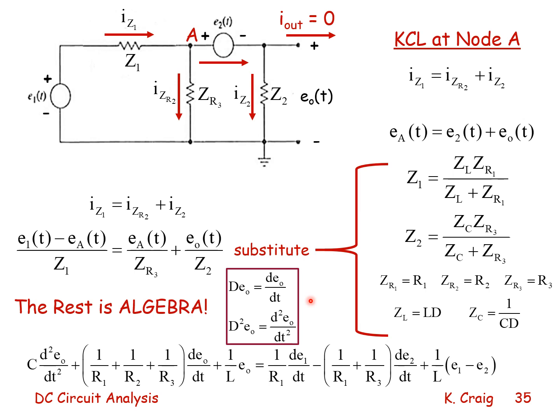This allows us to use the axioms, the rules of algebra, rather than dealing with differential equations, derivatives, and integrals to develop the equations of motion for our dynamic systems. So this is a preview of what is to come, and we will refer back to this in the future.